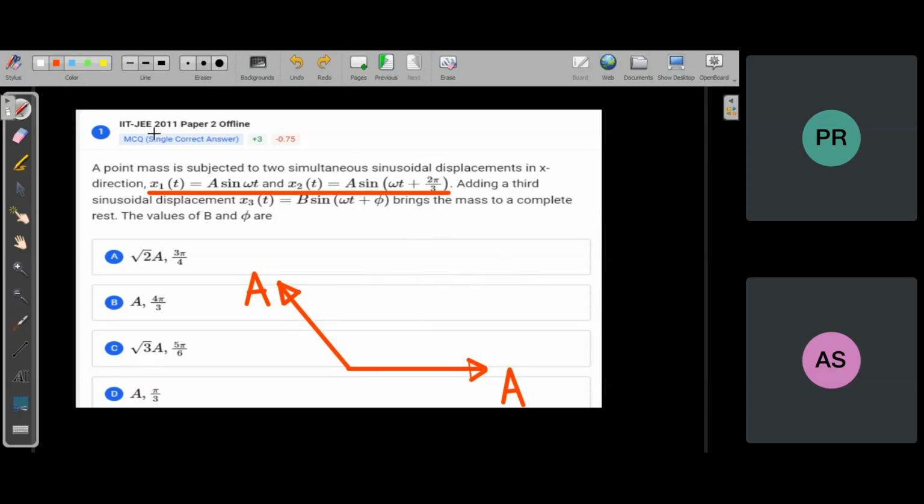But while doing vector addition, what angle will you take? The angle will be equal to the phase difference. So here this angle will be equal to the phase difference, which is here 2 pi by 3.